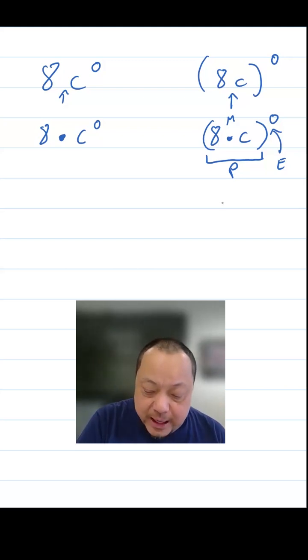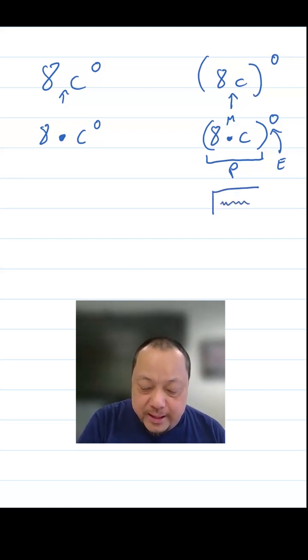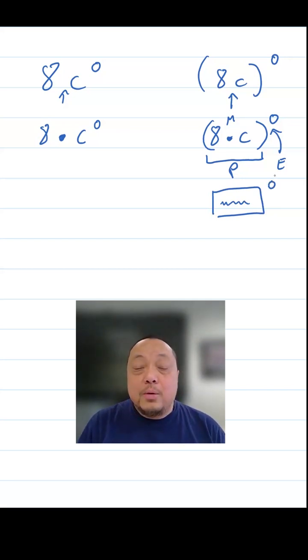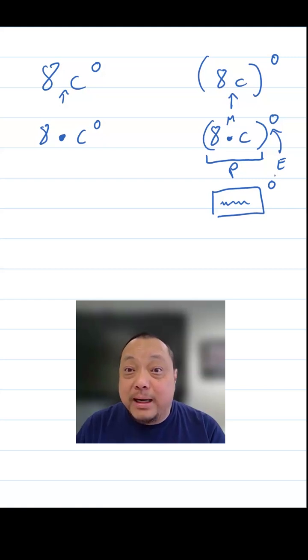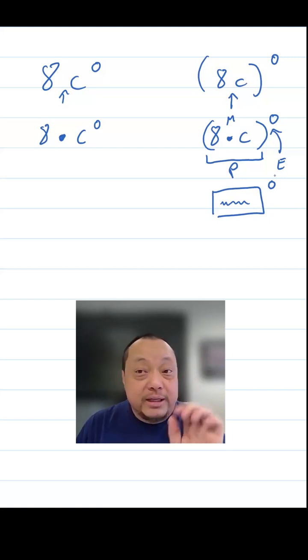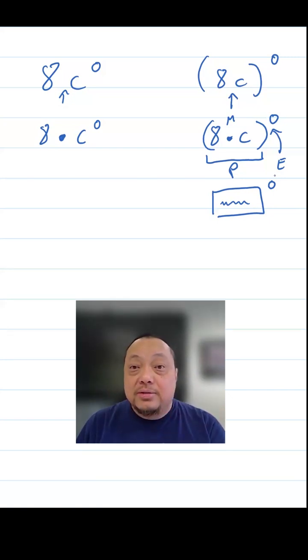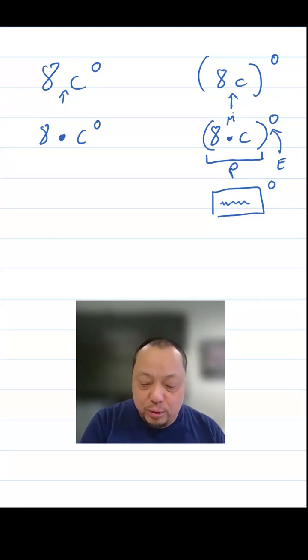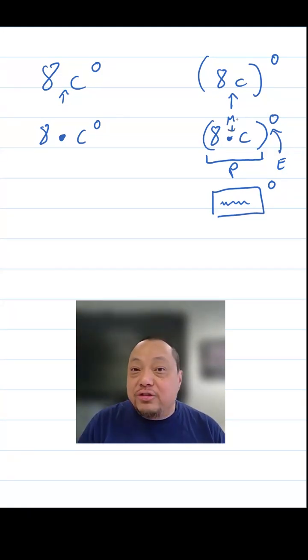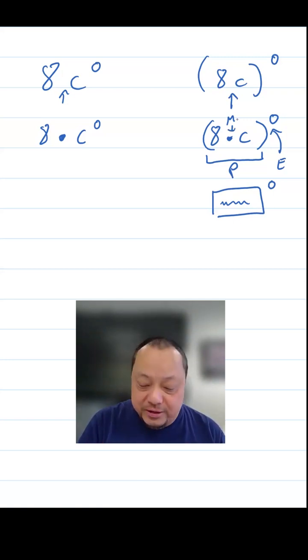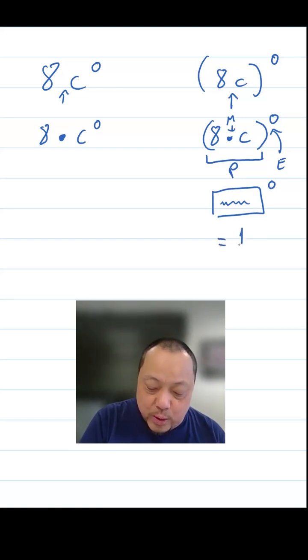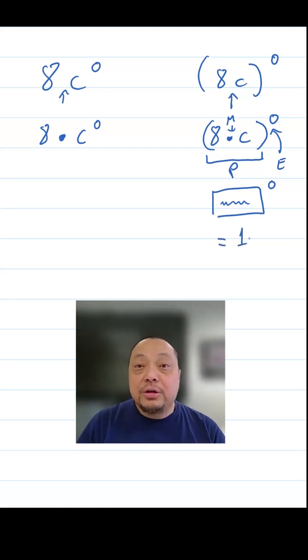I don't know what it is, but that number is raised to power 0. Well, I do know what a number raised to power 0 is equal to. A number raised to power 0 is equal to 1. So in a way, I don't really need to do this multiplication. I just need to pretend that I've done it. I've arrived at a number, and then that number is raised to power 0, and it is equal to 1. So the answer for the expression on the right is 1.